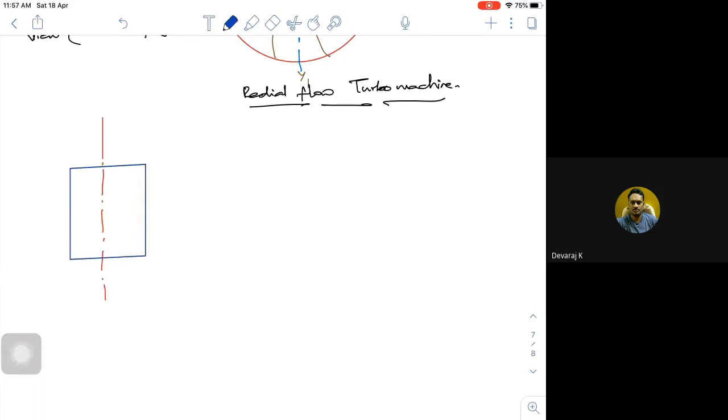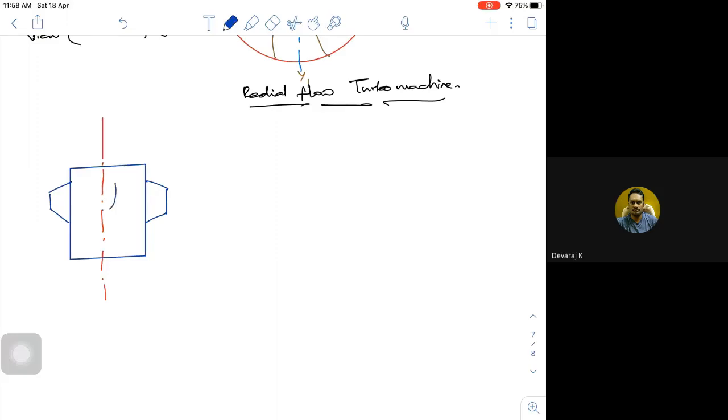And on this drum, I will be having the blades. You may be having the blades like this. I'm showing two blades on the periphery. I may be having a blade like this also.